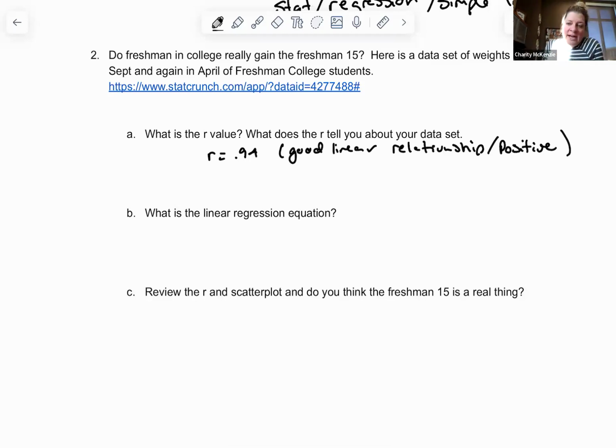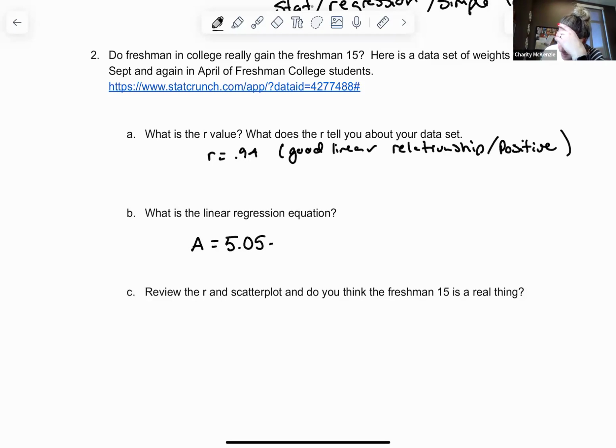If it was negative 0.94, they would have a strong negative correlation. Okay, and then the equation that we found was April is equal to 5.05 plus 0.94 times September. Okay, maybe I'll write in the actual September just because an S looks like a 5. That was our equation. And then review the R in this.